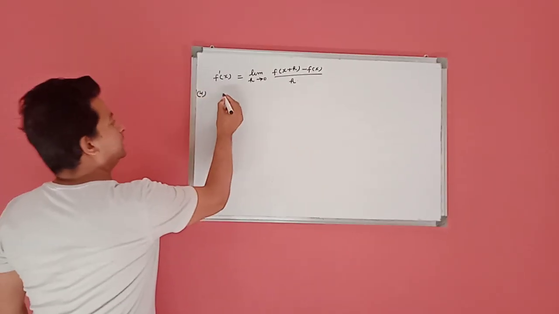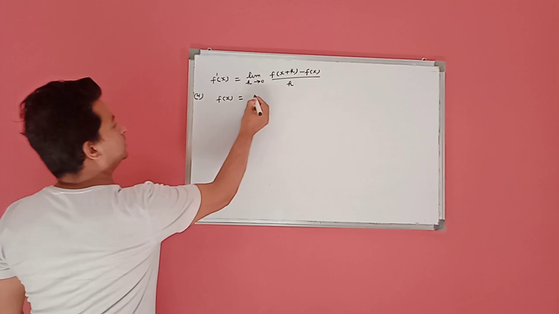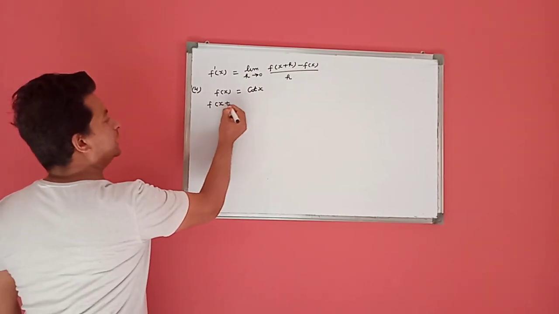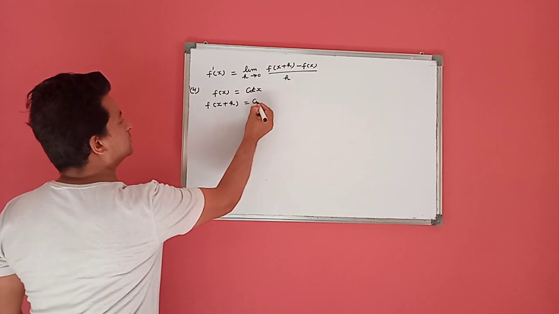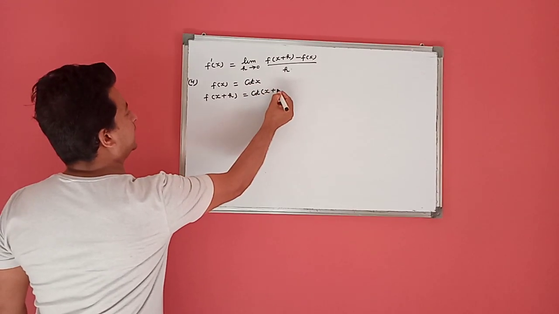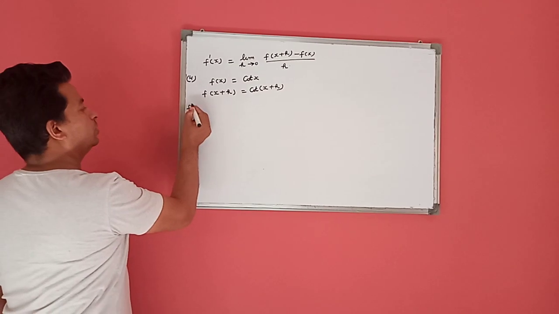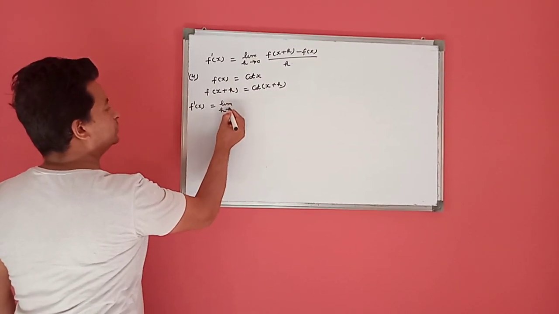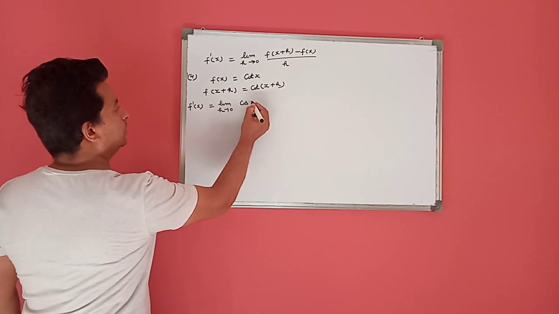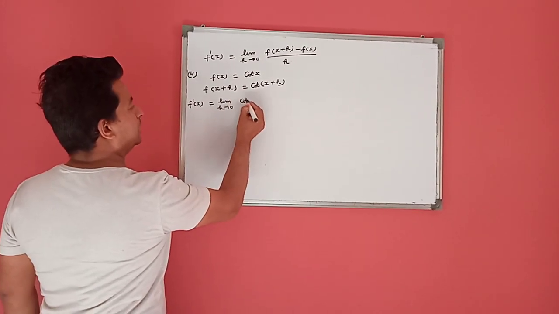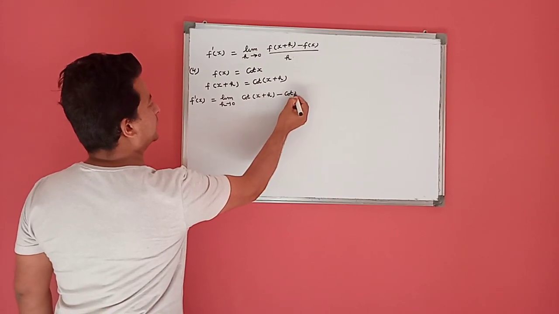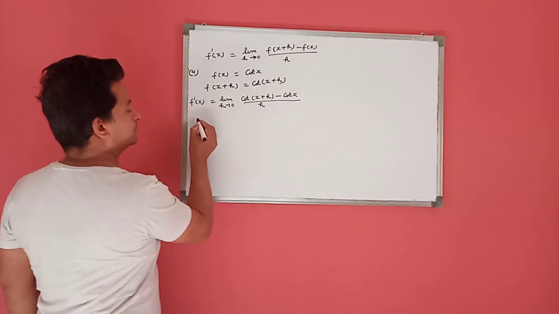In the fourth result, f(x) equals cotangent x. In this, f(x + h) is cot(x + h). According to the definition, the limit as h approaches 0 of cot(x + h) minus cot x, divided by h.